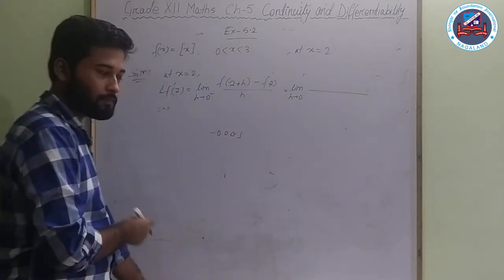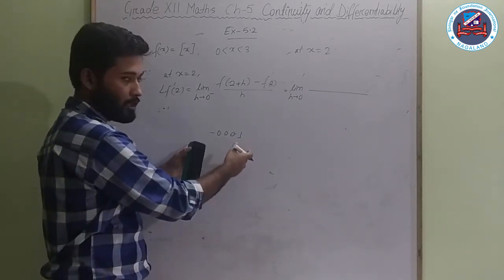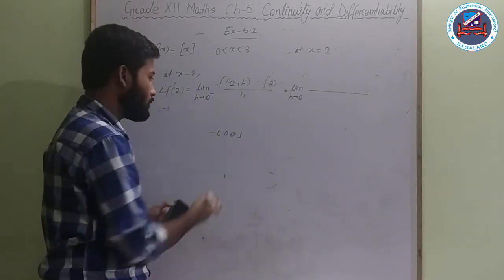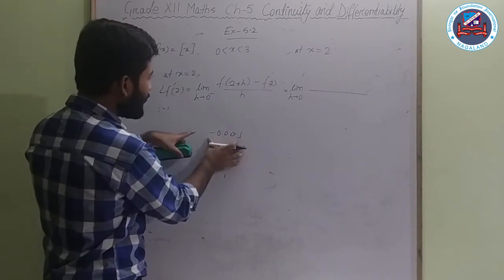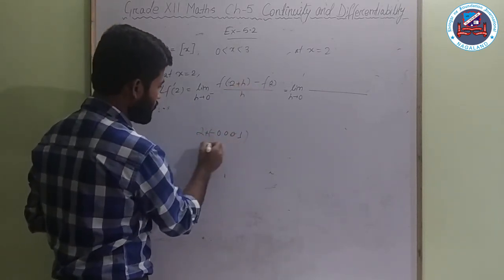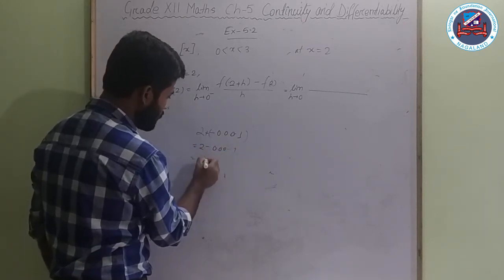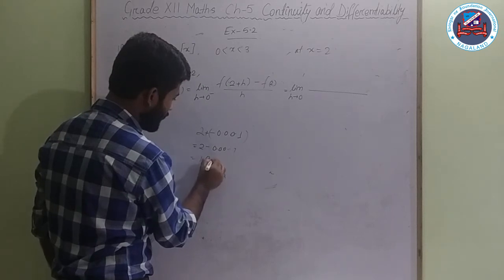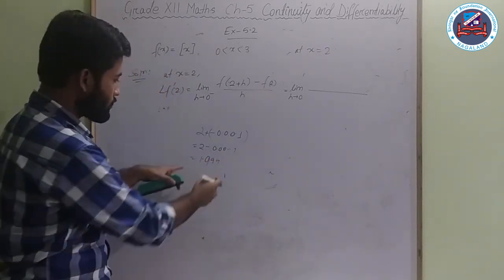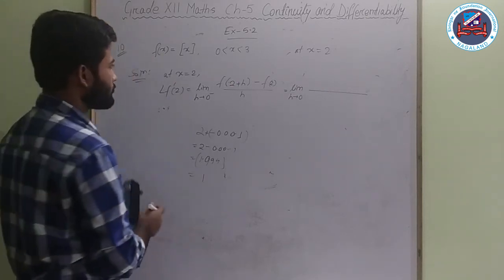It will be the nearest number to 0, but not 0, isn't it? So if I add this number with 2, this will give us 2 minus 0.0001, so this will be 1.9999 and so on. So if I take the greatest integer of this, I shall get 1 here, isn't it?